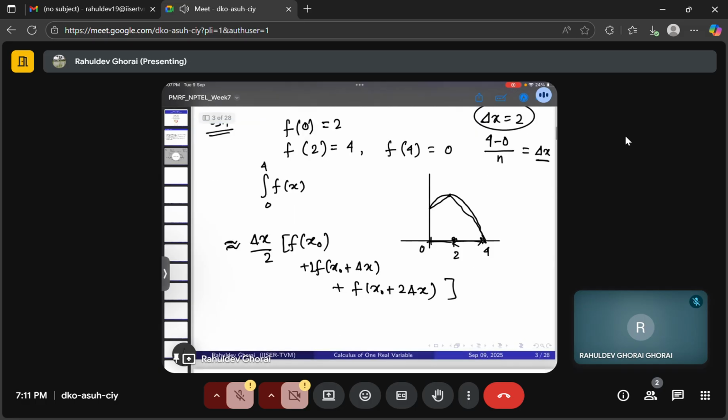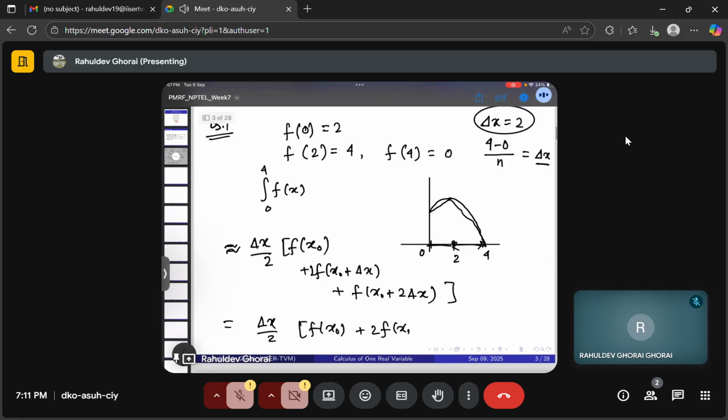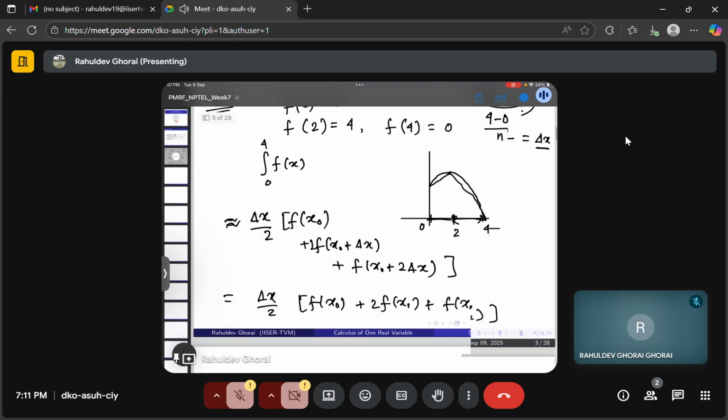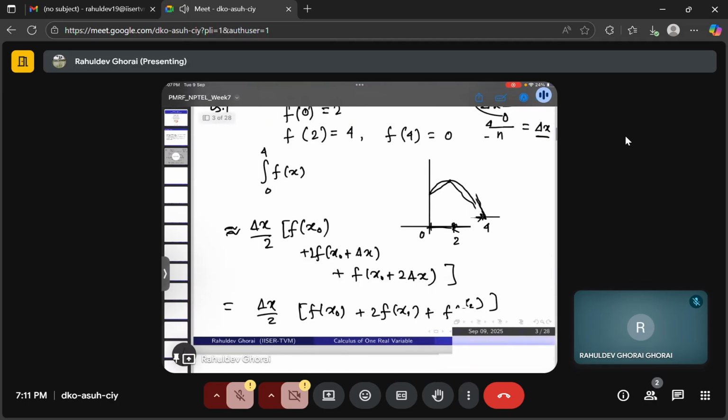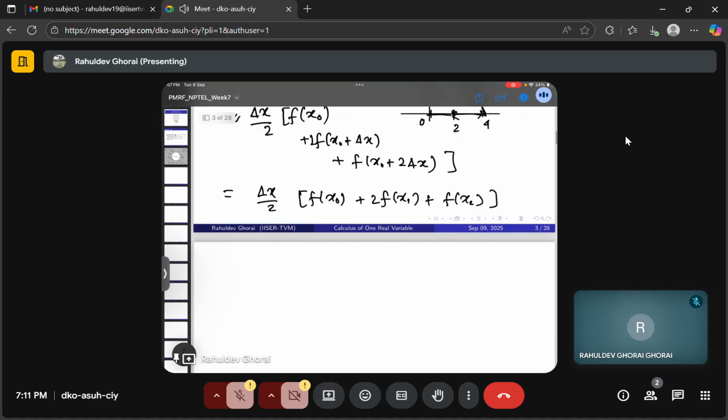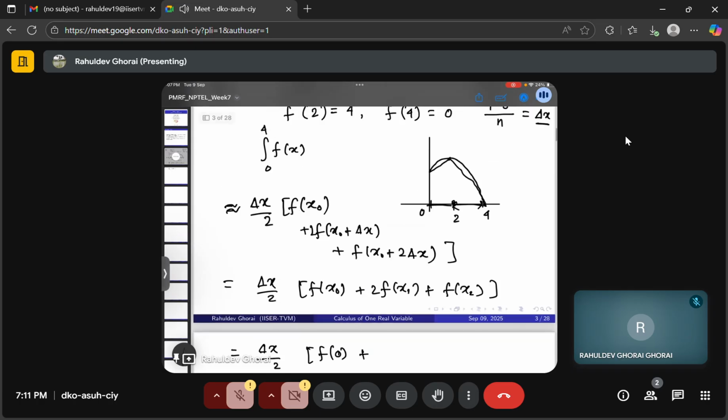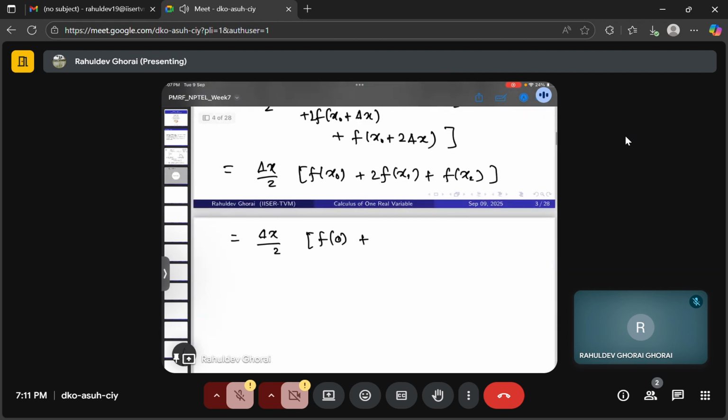Sometimes they also write it as del x by 2 times f of x naught plus 2 times f of x1 plus f of x2. They are nothing but the same. Here x naught is 0, the initial value, so that will be equal to del x over 2 times f of 0 plus 2 times f of x1, which is x naught plus del x, which is 2, so f of 2, plus f of 4.